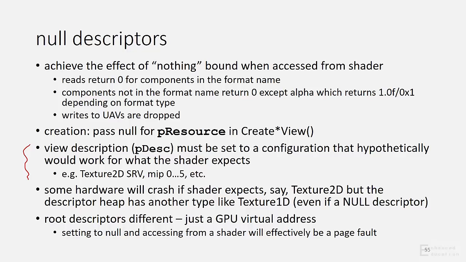The reason for that is some hardware will actually crash if, for example, the shader expects to find a Texture2D, but what you put in the descriptor heap is some other descriptor type, like Texture1D, even if that descriptor is a null descriptor. So basically you can have null descriptors as long as it's a typed null descriptor that's of the appropriate type for what the shader expects.